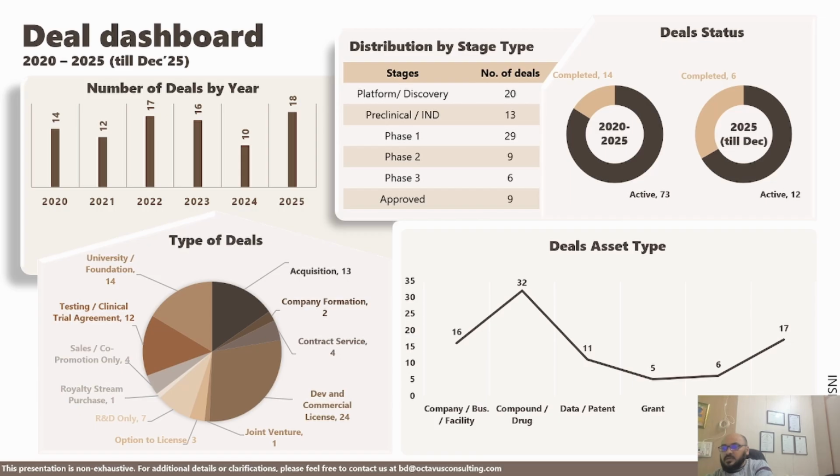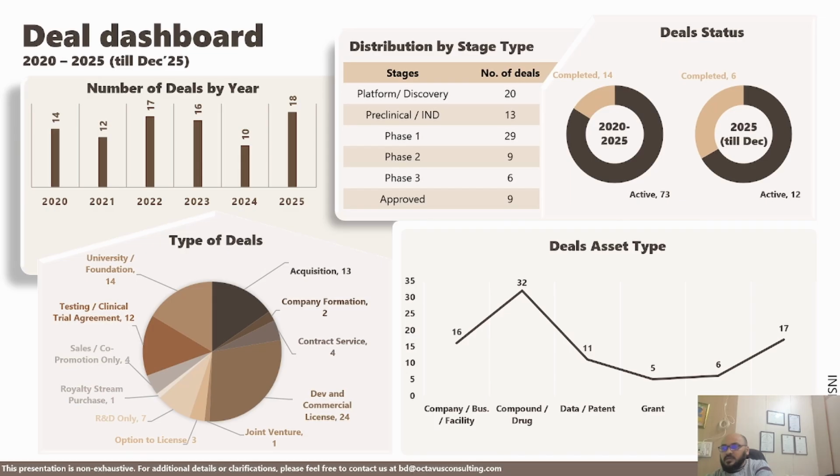If we talk about overall deals in a cumulative manner, development and licensing commercialization deals are the biggest chunk at 24 deals, followed by clinical trial agreement deals, which is 12, and then the C4 Therapeutics and Pfizer deal we have just seen.